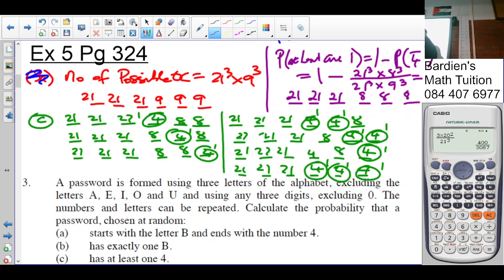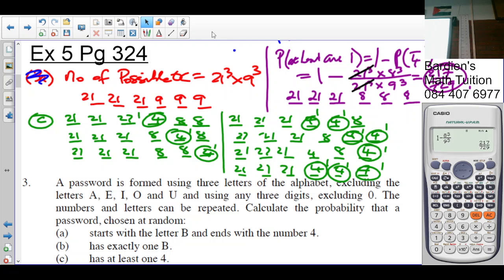So that gives us an answer of 1 minus, 21 cubed cancels 21 cubed, so it's 8 cubed over 9 cubed, which is 217 over 729. Is that correct? 217 over 729. Okay. Any confusion there, people?